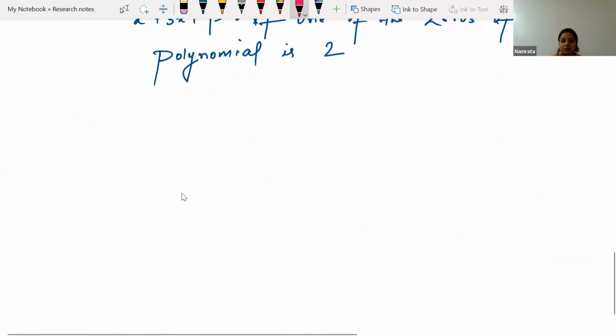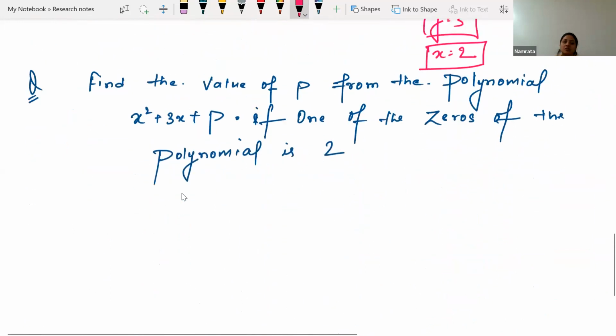Now can you do this question? Find the value of p from the polynomial. The polynomial is given. It is quadratic in form. If one of the zeros of the polynomial is 2, just a moment, let me finish this question.